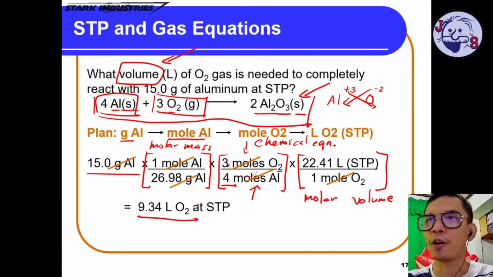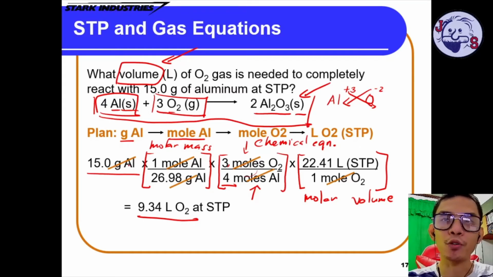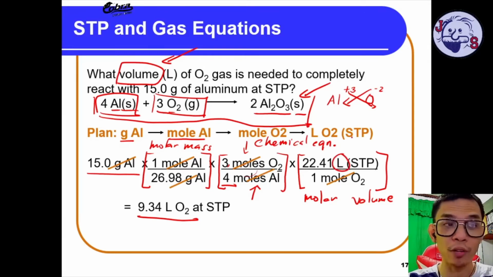So, let's cancel the units. Grams cancel. Moles of aluminum are also cancelled. Moles of oxygen gas are also cancelled. Then at STP, we are left with liters, which is what we are looking for.